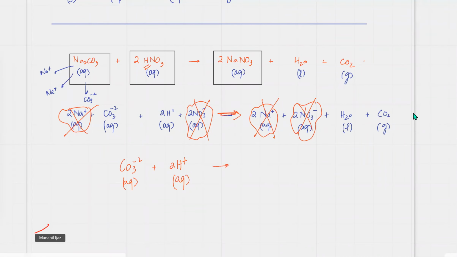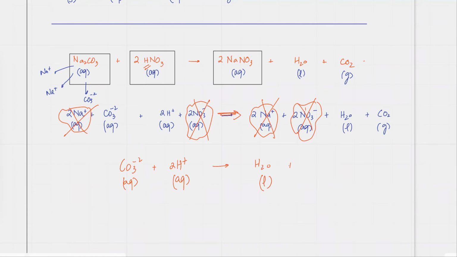And on the other side, you've got water, which is a liquid.